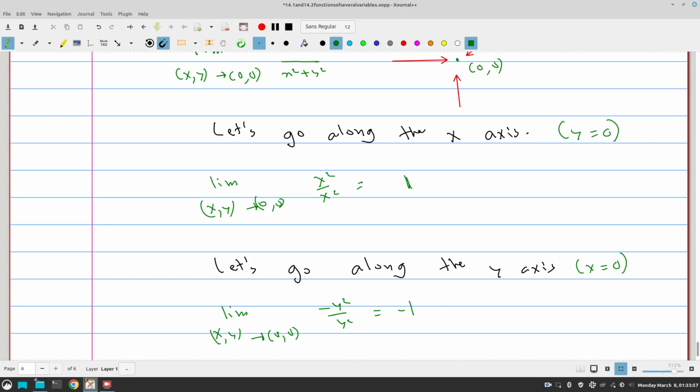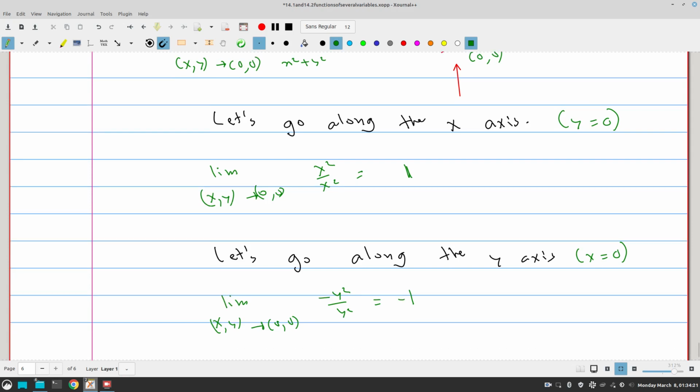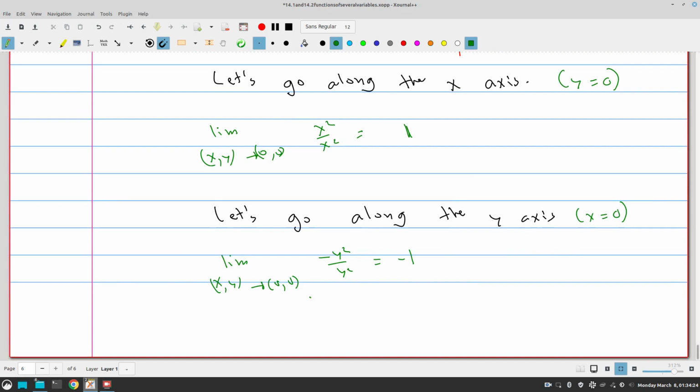So we can conclude that the limit as x, y goes to 0, 0 does not exist.